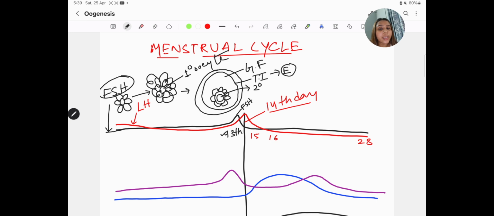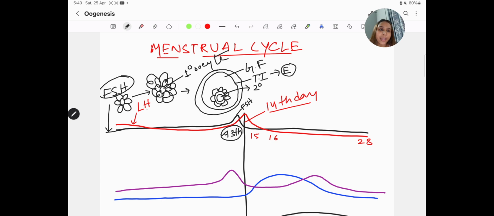When the second degree oocyte comes out, that is called ovulation. So before ovulation, the Graafian follicle development must be completed, and it is completed on the 13th day. That is why now there is no function for FSH, because FSH is only responsible for follicle development, and follicular development is complete at that stage. That's why we get a surge of FSH on the 13th day. Remember or not? Clear? Okay.